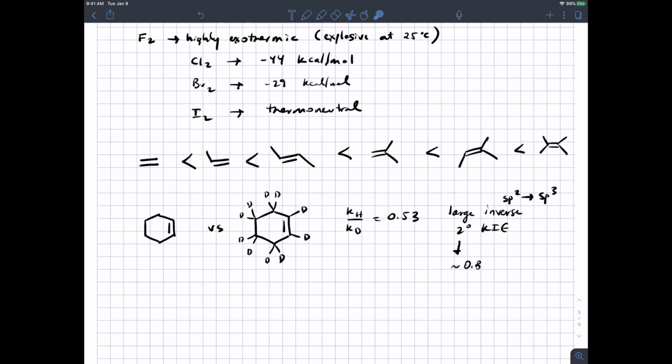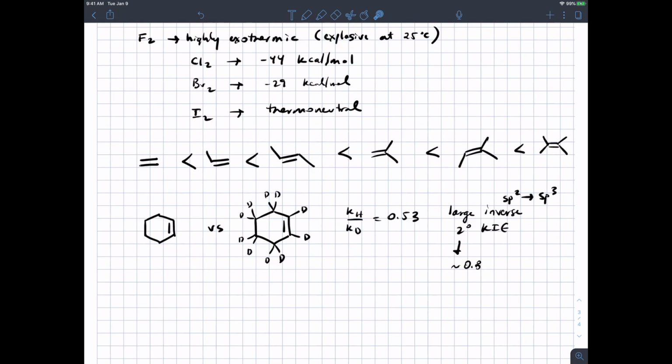So a large change in the force constant from going from sp3 to sp2 means a decent sized change in zero-point energy. And we rationalized that by saying that the zero-point energy difference reflects the large force constant in the sp3 hybridized carbon in the ground state.